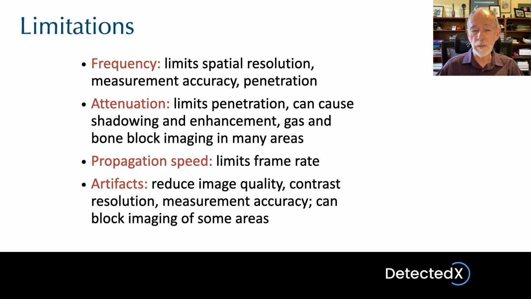So that may be severe shadowing by a fairly large object, or it may be something like massive gas bubbles causing a large area of ring down and making it completely impossible to see the deeper tissues. So all of these things limit what ultrasound can do. One of your skills is to know how to weave your way through these to get the best possible image quality.